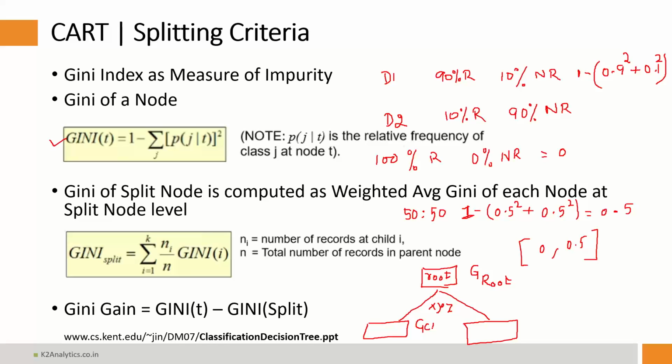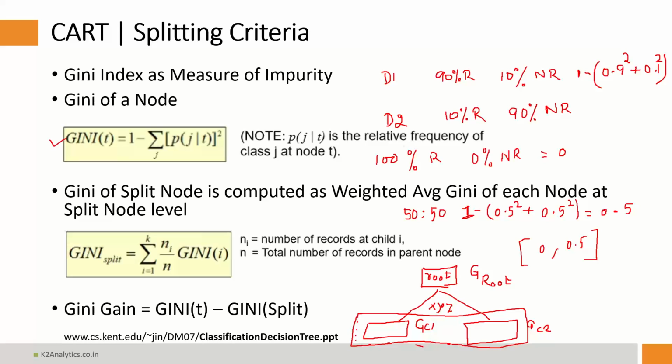You will have a Gini of child 1, then you will have a Gini of child 2. For both the nodes you have to compute Gini. How you do all of that, we'll do in a small simple example. And then you have to compute the Gini of these two nodes taken together.